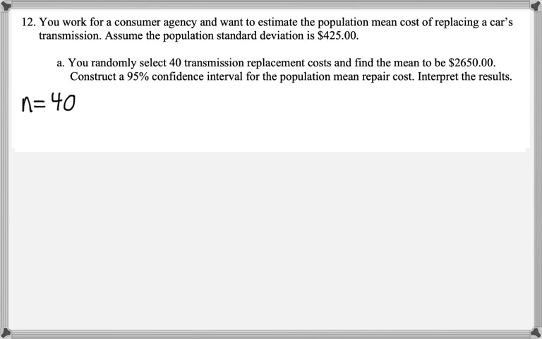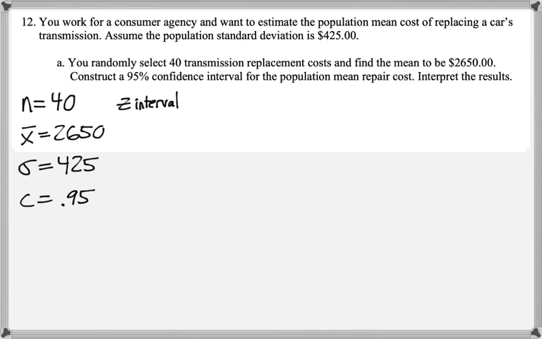So n is equal to 40, x bar is 2,650, sigma is 425, and c is 0.95. So if we use the z-interval command on the calculator, we find the confidence interval to be 2,518.30 to 2,781.70.